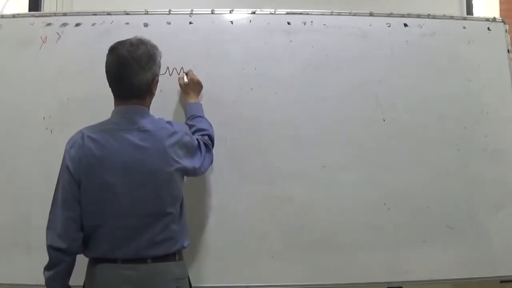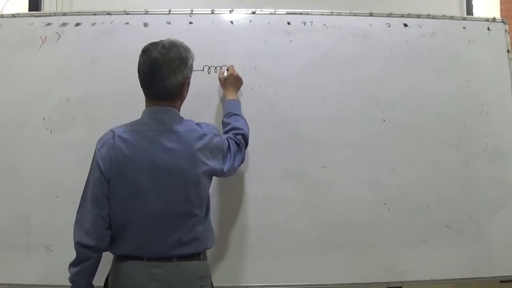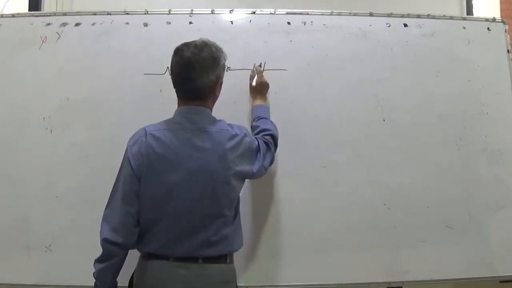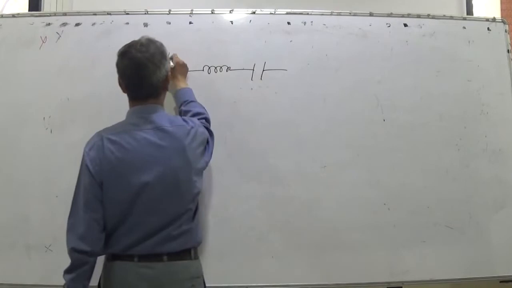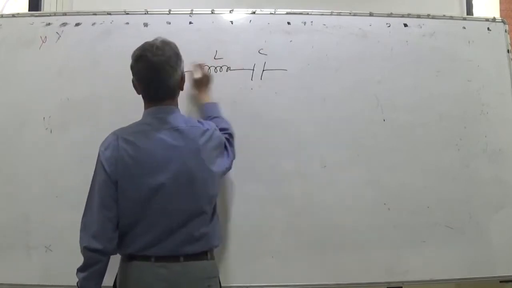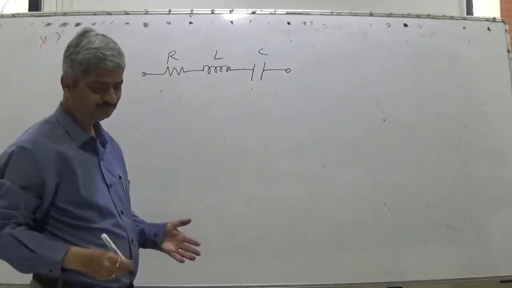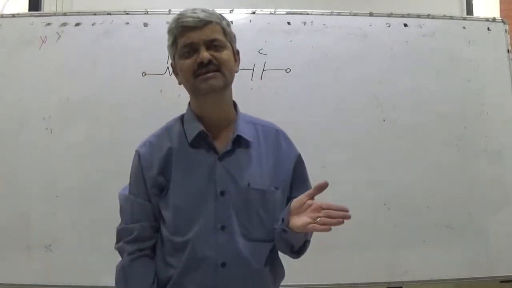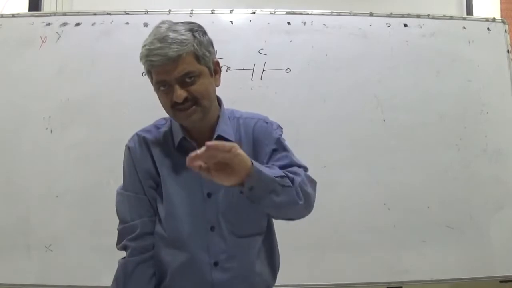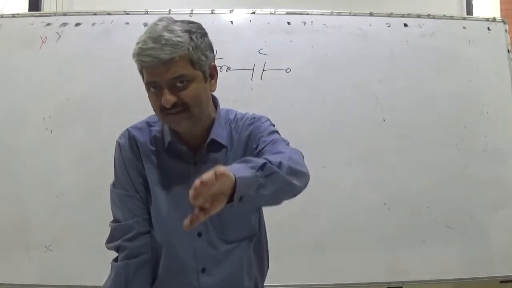I am just revising, there is not much new concept like rocket science. R, L and C, if you have this, then what will happen? Resistance has no role in determining resonant frequency.